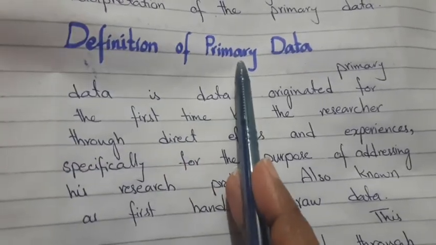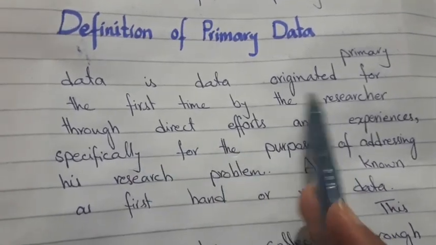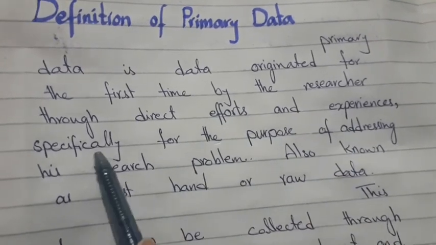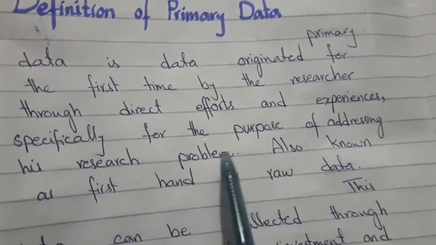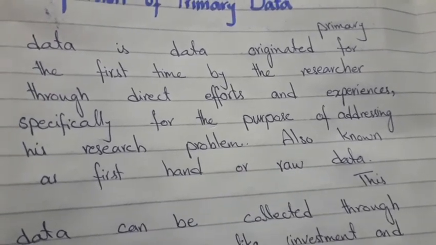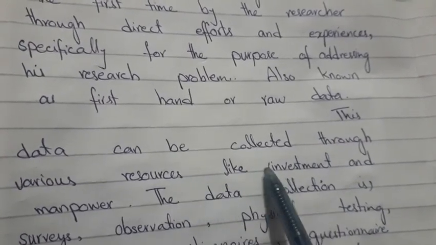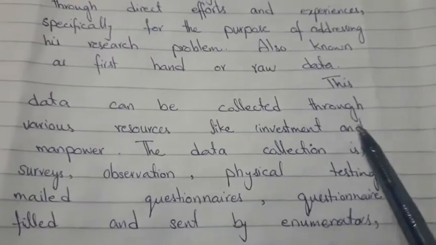Definition of primary data. Primary data is data originated for the first time by the researcher through direct efforts and experiences, specifically for the purpose of addressing his research problem, also known as first-hand or raw data. This data can be collected through various resources like investment and manpower.